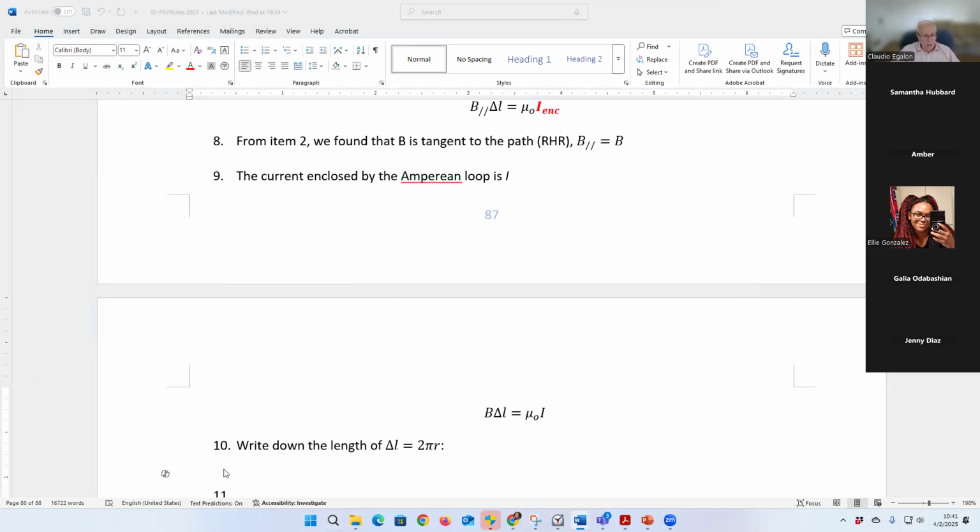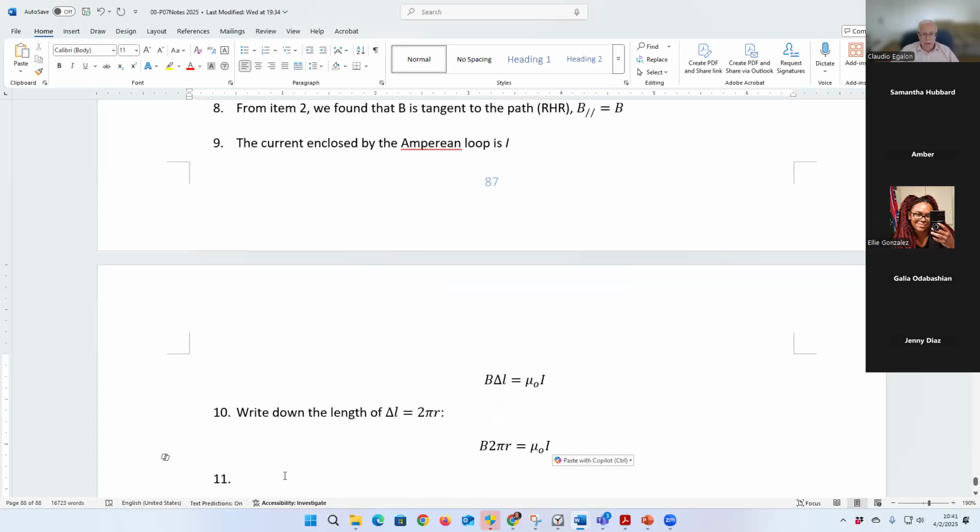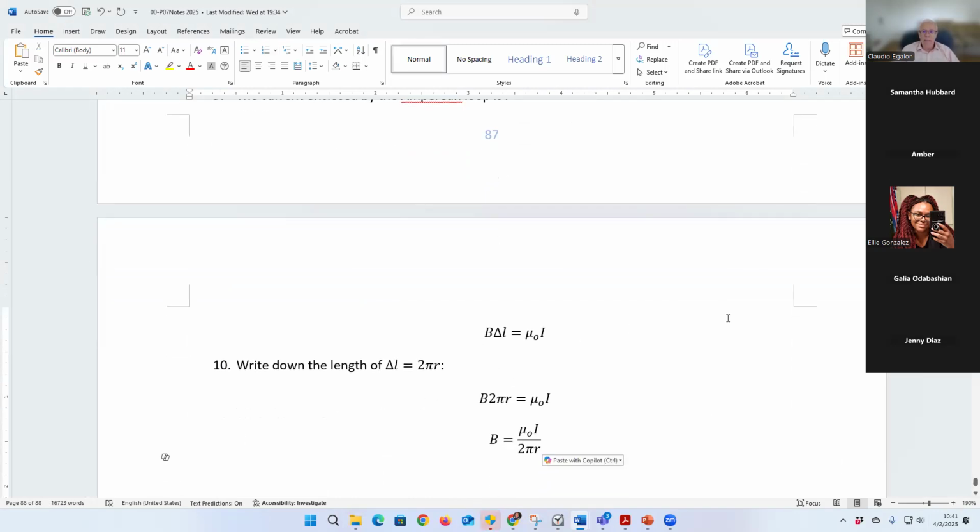Consequently, substituting delta L in terms of r, we get something like that. And now we finish our solution and get exactly what I told you it was supposed to be. Mu naught I over 2 pi r. Remember I told you that?